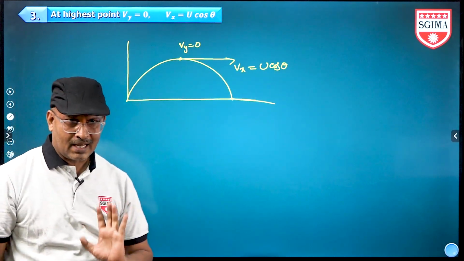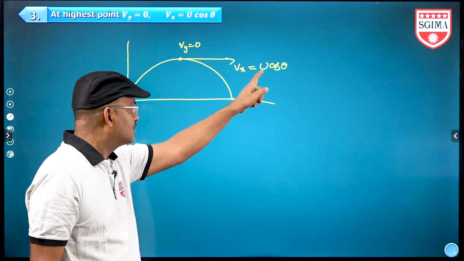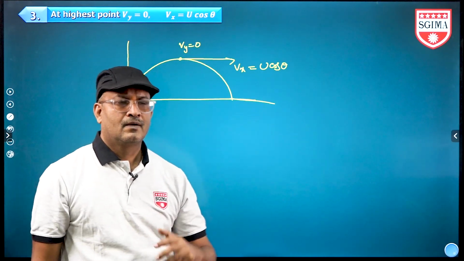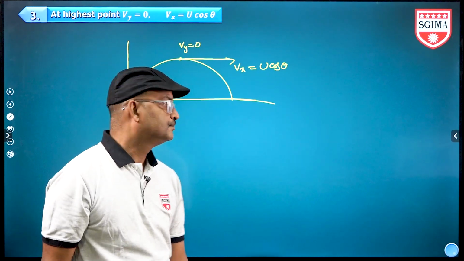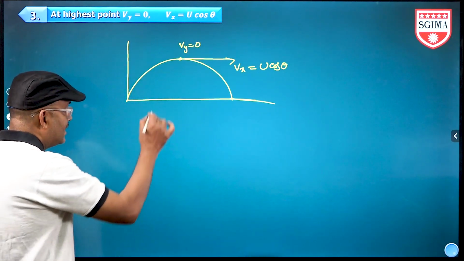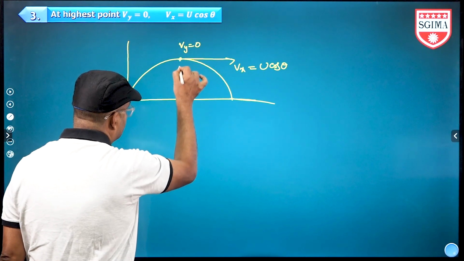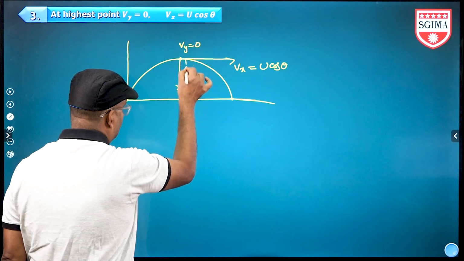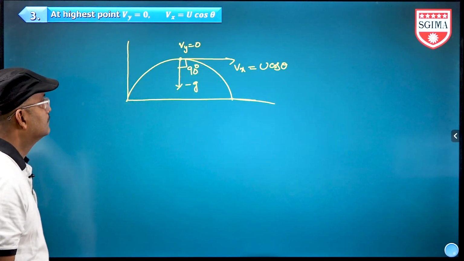At any point, there is no need to calculate always. At any point, horizontal direction velocity is u cos theta. But in the vertical direction, velocity changes with time due to acceleration due to gravity. Now, at the highest point, the velocity is in this way, acceleration is downward. The angle between them is 90 degrees.